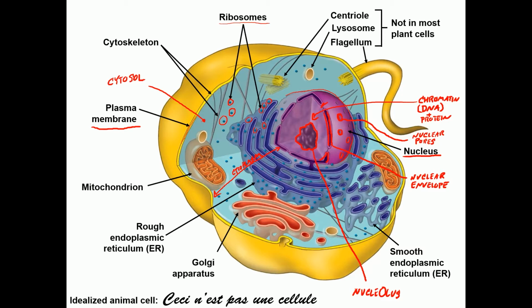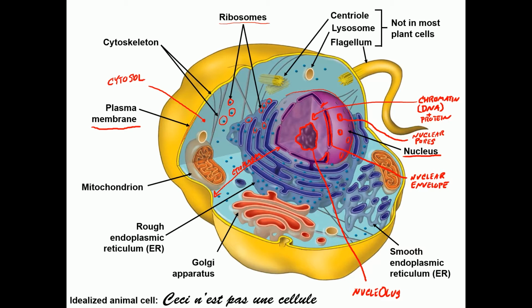The nucleolus is just a very, very dense region of chromatin inside the nucleus, and it contains all of the genes for making ribosomes. So all these little blue dot structures you see out here, well, you have to make those at some point. All the information for making them is found inside this little nugget, this cluster called the nucleolus, right here at the center.